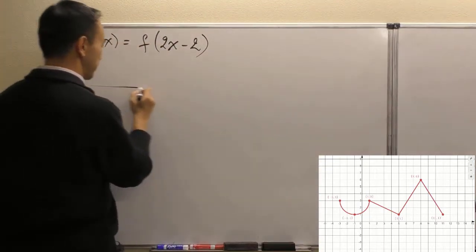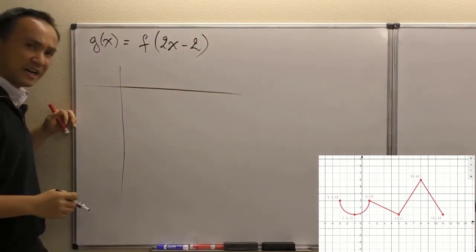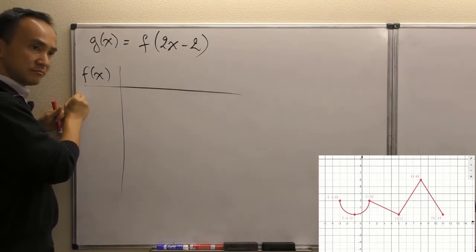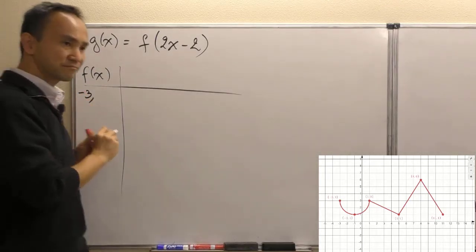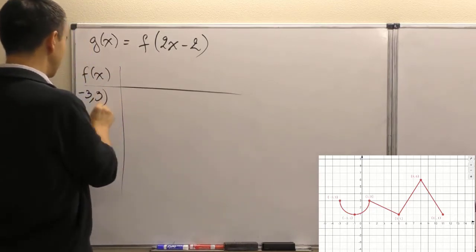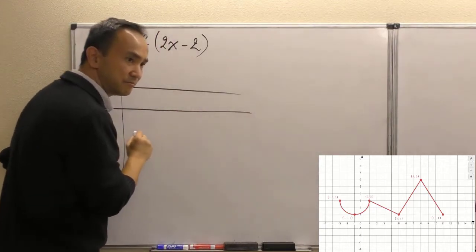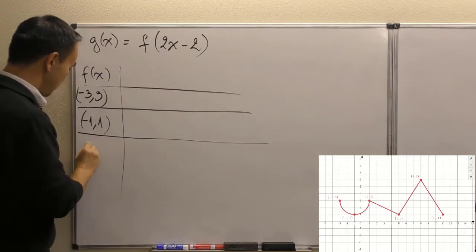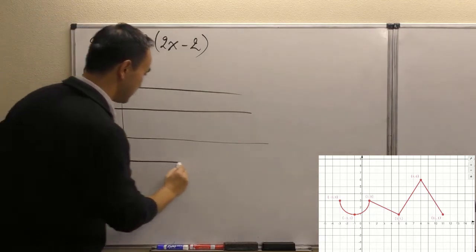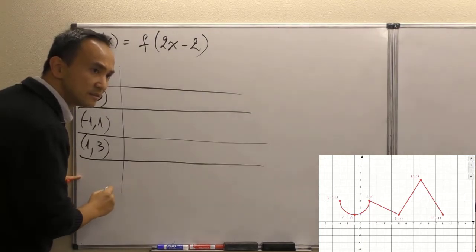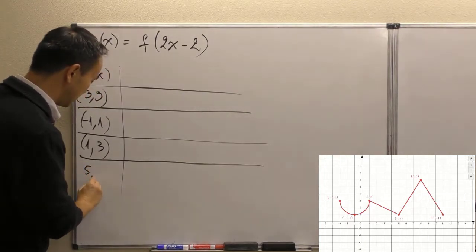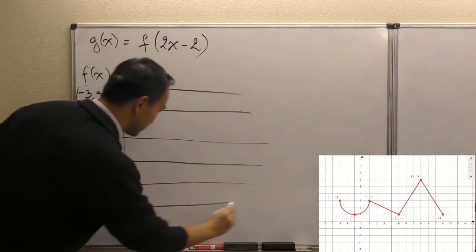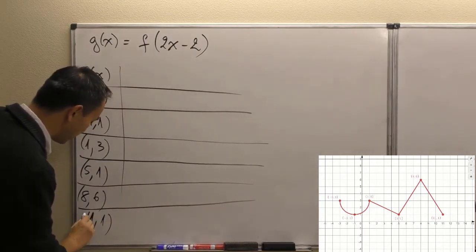On the set of guiding points, the parent function had (-3, 3), then (-1, 1), then (1, 3), then (5, 1), and we had (8, 6), and we had (11, 1).